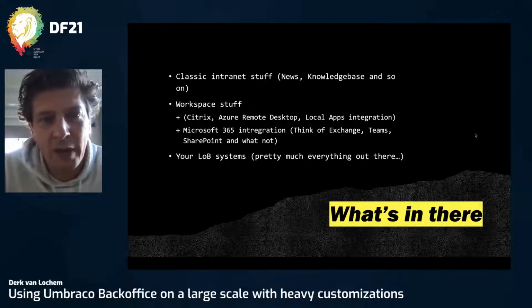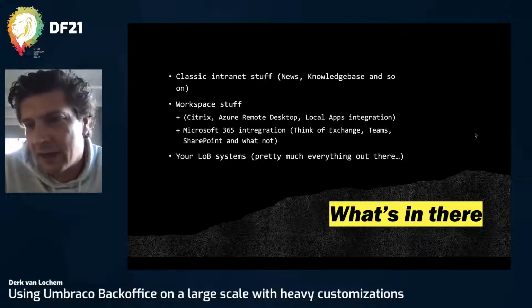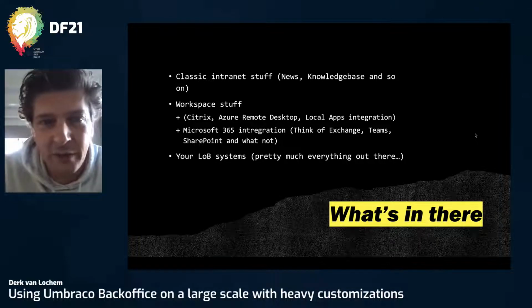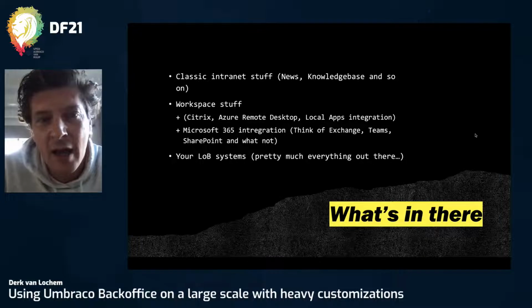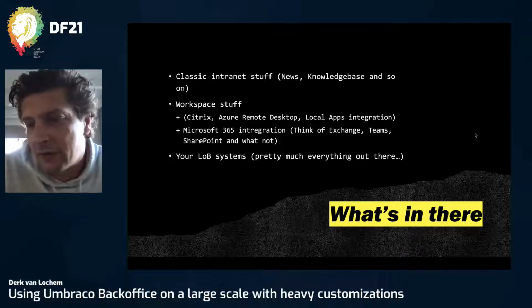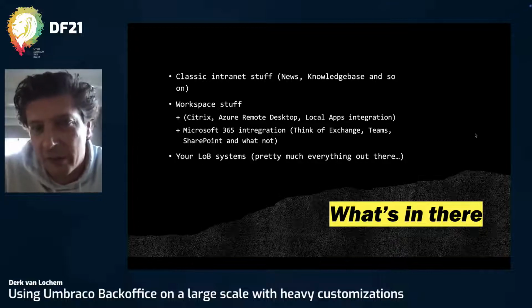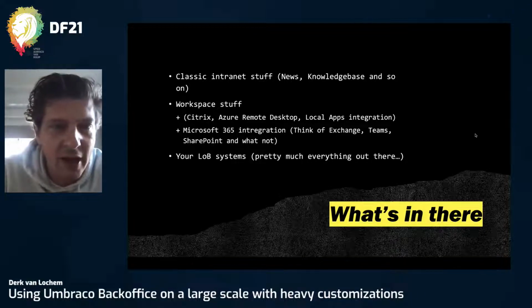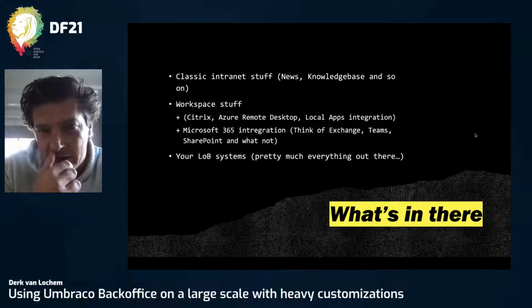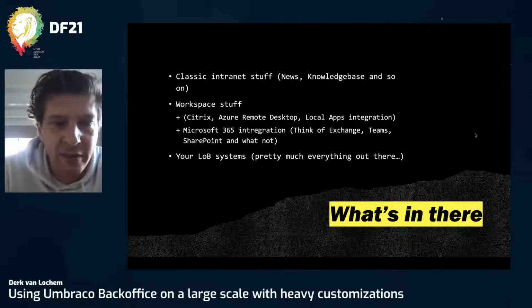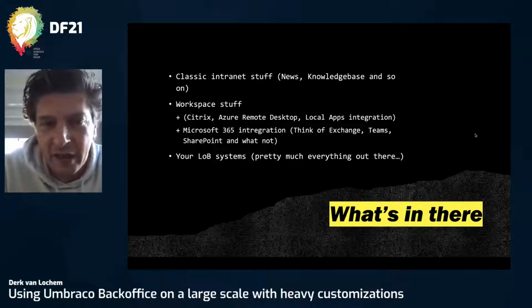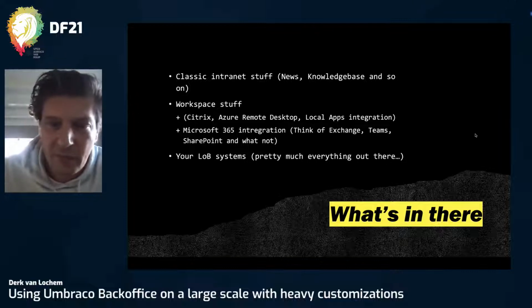What we actually serve is classical intranet stuff, like news, knowledge base, but we also focus a lot on the digital workplace. So we have integrations with Citrix, remote desktop, some local apps, a lot of integrations with Office 365, like Exchange and Teams, and pretty much any line of business system out there.